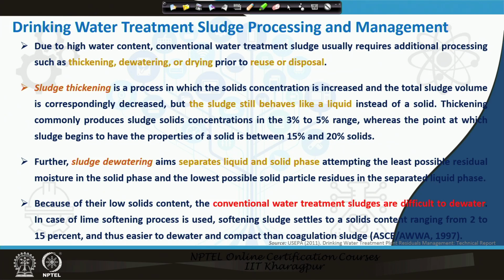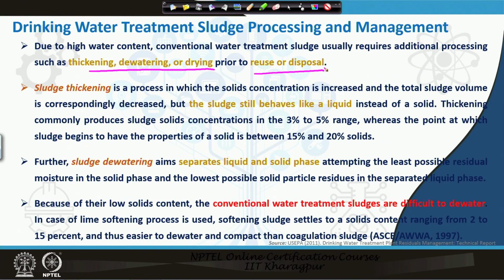Now, the sludge that is generated is processed through thickening, dewatering or drying stages. It needs to be dried before it goes to reuse or disposal. Why is that essential? Because as we were just discussing, the solid content is very low, 0.5 to 2%, and the water content is very high.